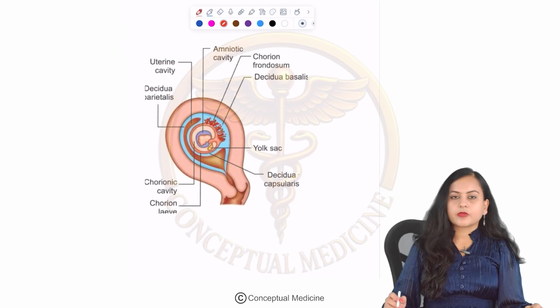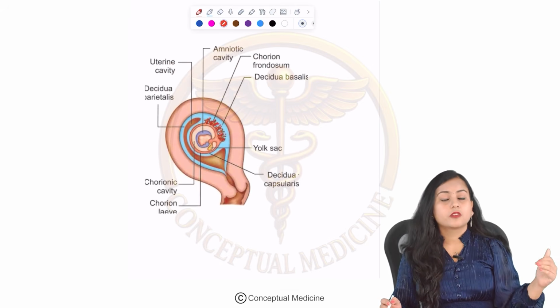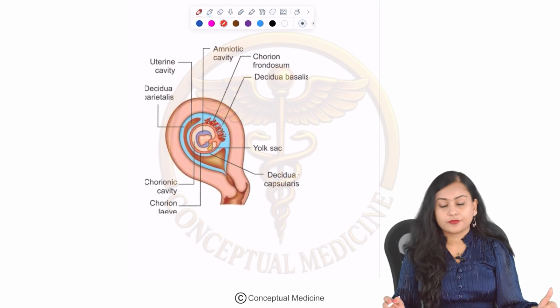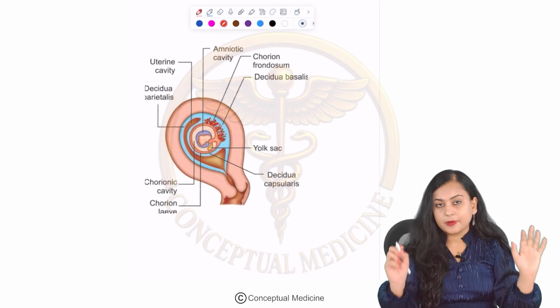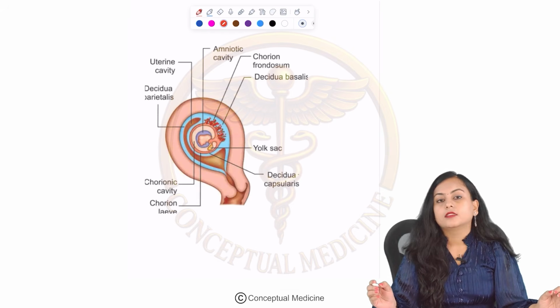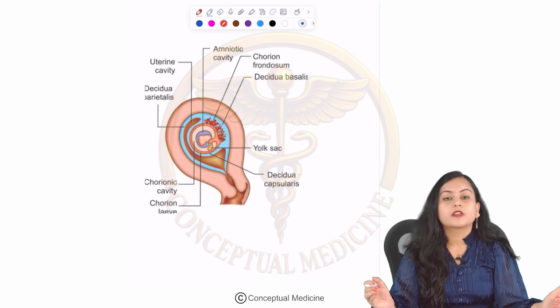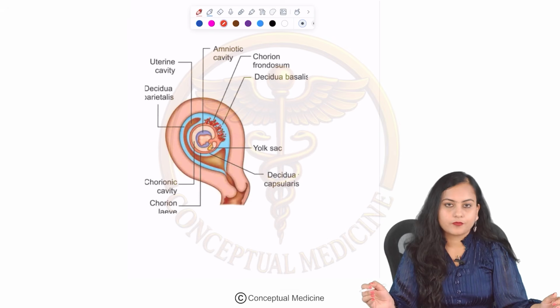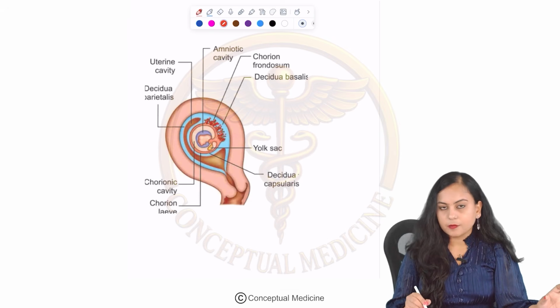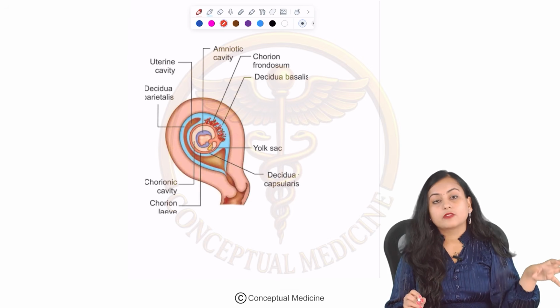Now let us discuss the development of placenta so that you will understand the following concepts. When the blastocyst is getting implanted, the endometrium of the uterus is going to convert into something called decidua. As the blastocyst implants, the decidua will have three components.